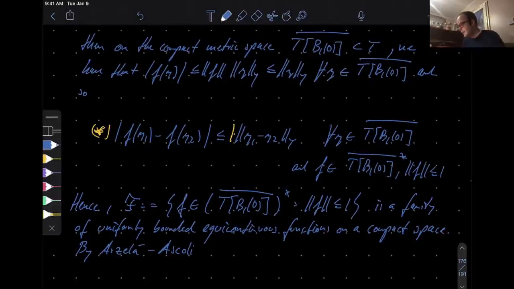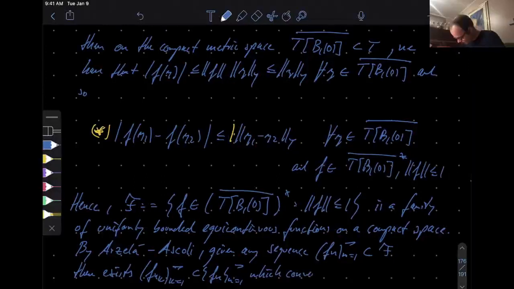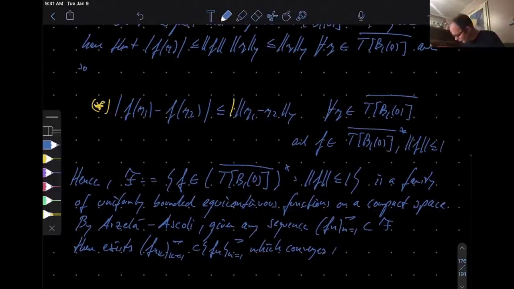Hence, by Ascoli, given any sequence f_n, but this is by construction a bounded sequence, there exists a convergent subsequence f_{n_k}, k from 1 to infinity, which converges in operator norm on the space that I consider them.